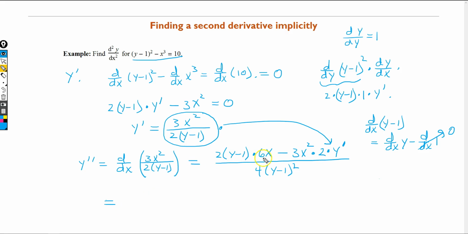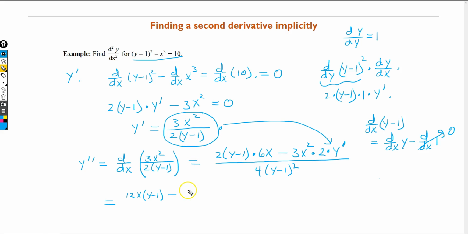let's see, we're going to get in the numerator 12x times y minus 1 minus, and then we're going to get 6x squared times this 3x squared divided by 2 times y minus 1.